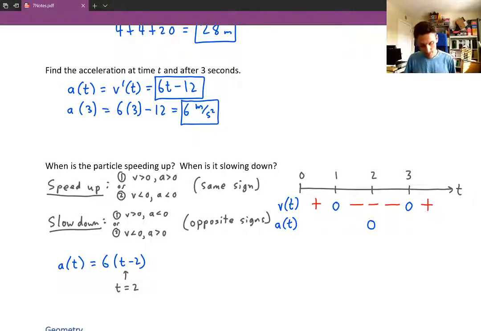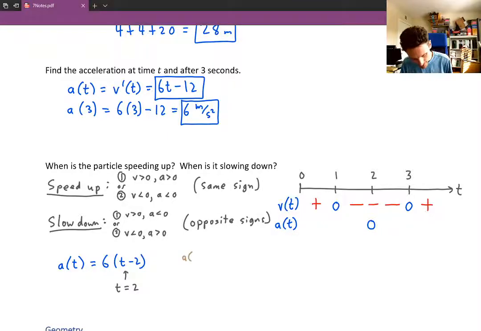Now for acceleration, we have to figure it out. We have to plug in some t value that's less than 2, figure out if acceleration is positive or negative there, and then some t value that's greater than 2, and figure out if acceleration is positive or negative there. I'll do that down here.